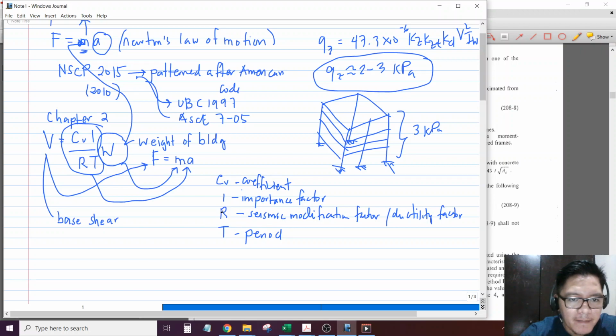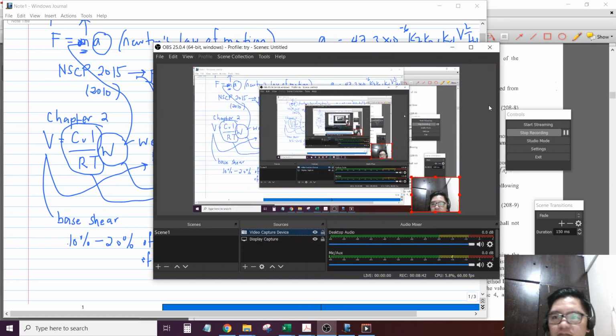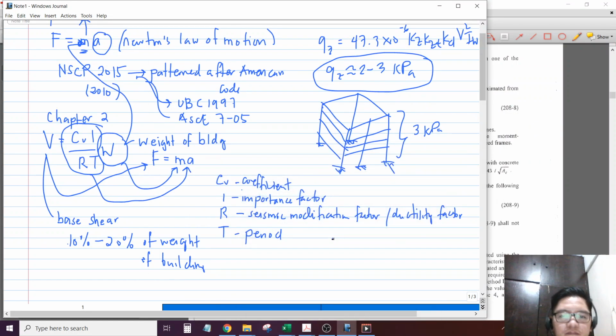Now, once you have that, the base shear, and then base shear is roughly, I would say, about 10% to 20% of the weight of the building. 10% to 20% of the weight of the building, if your R is 8.5.